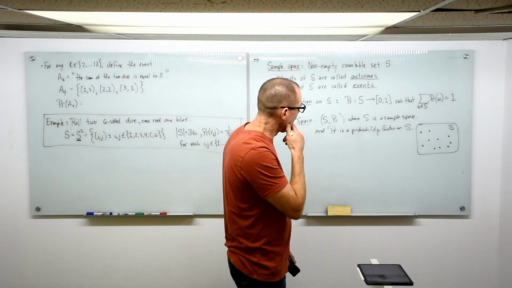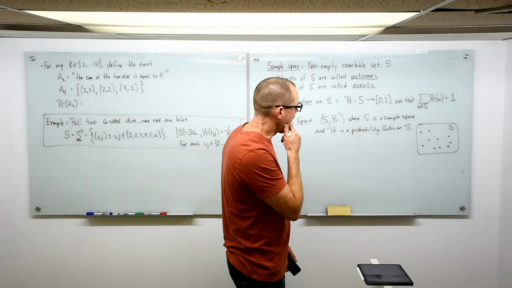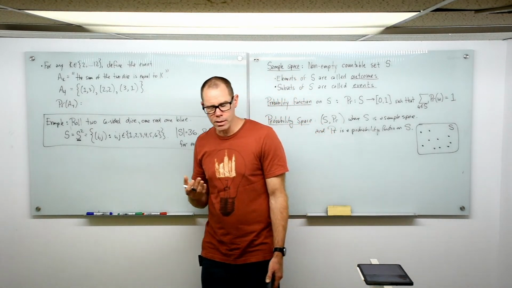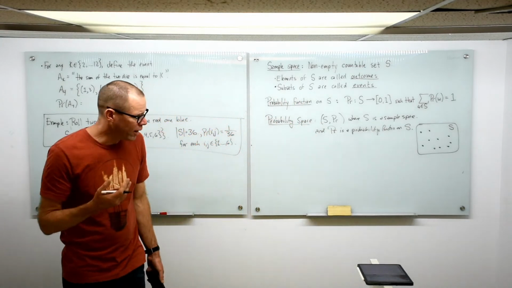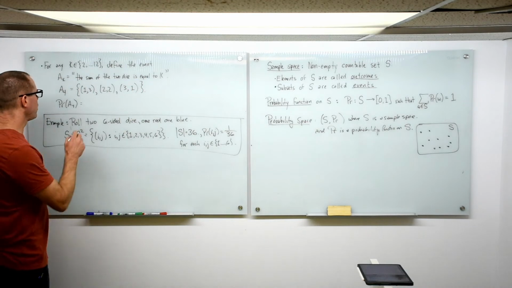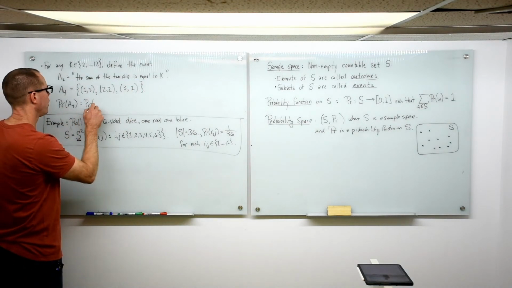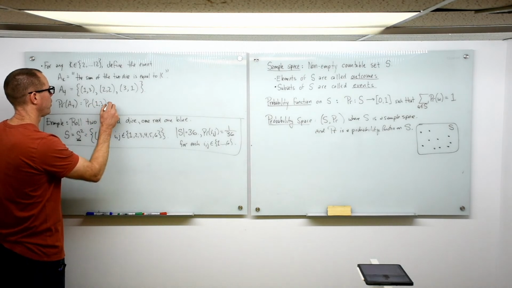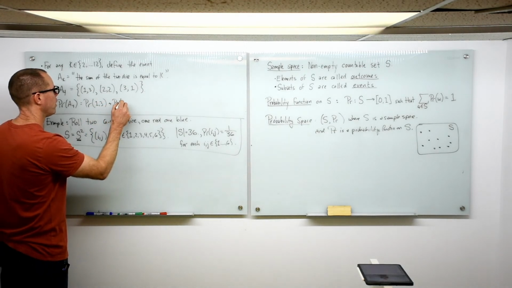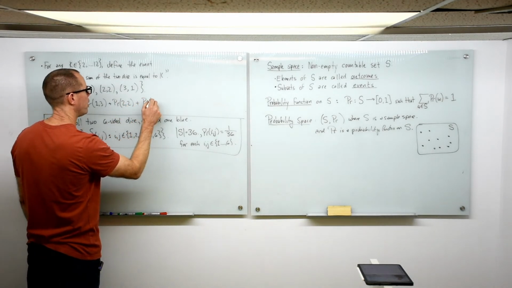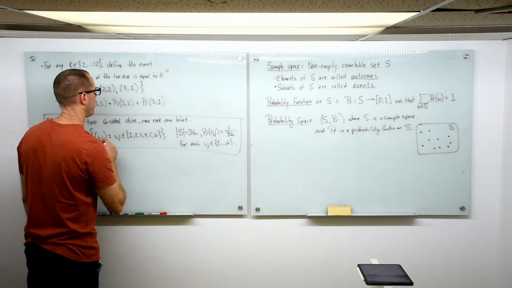I want to add up the probabilities of the individual outcomes that make up A4. So that's the probability of (1,3), plus the probability of (2,2), plus the probability of (3,1).